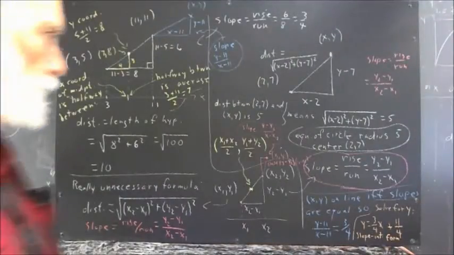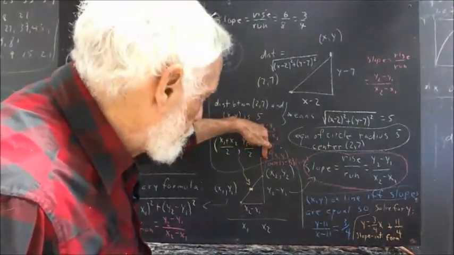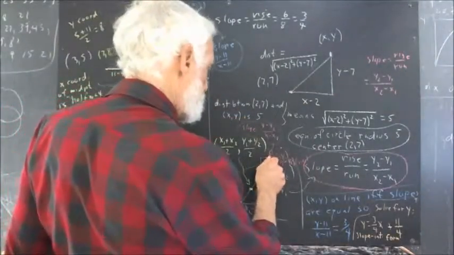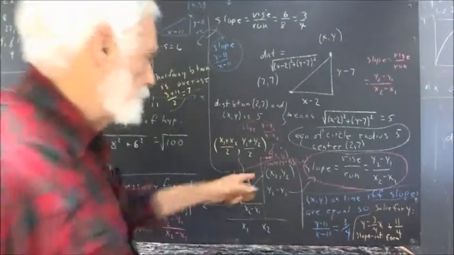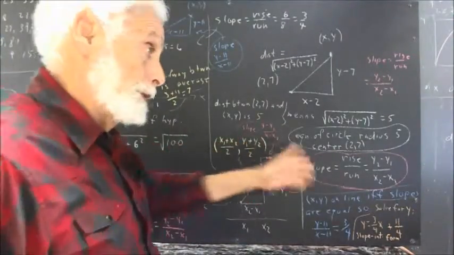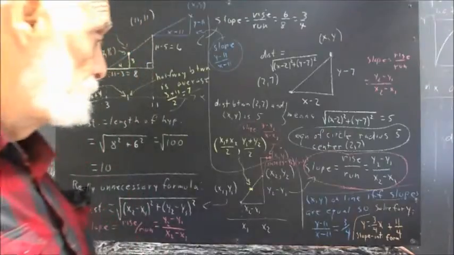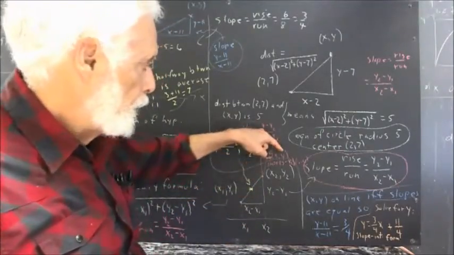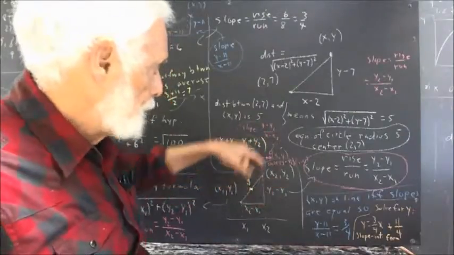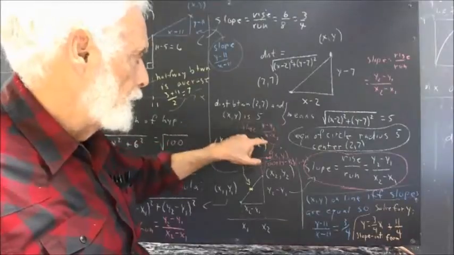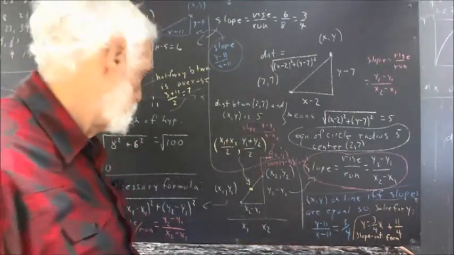Okay, things are getting really cluttered, but what I've drawn is a point here that I've labeled (x, y), and I've drawn a right triangle with legs parallel to the x and the y axes. And I haven't written in the rise, but the rise is going to be y minus y2, and the run is going to be x minus x2. So the slope is (y minus y2) over (x minus x2).